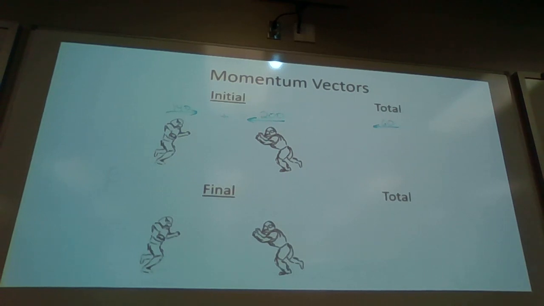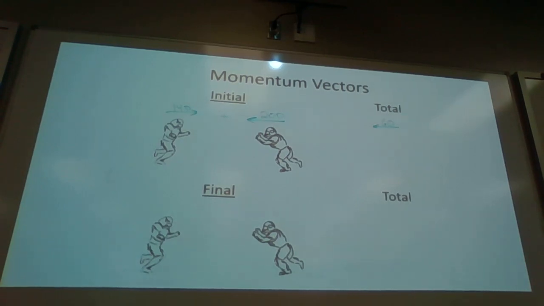But here's the deal. The size of the friction force is so small compared to the size of the impact force, the applied force, that during those moments of impact, we can ignore the force of friction.